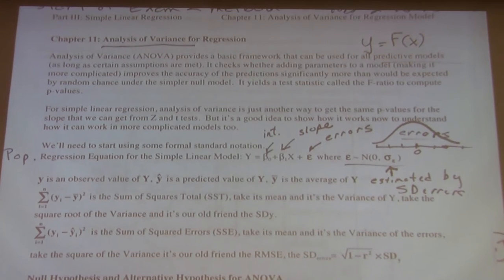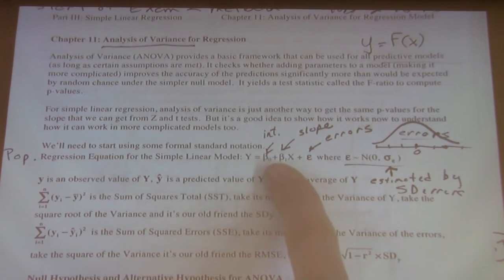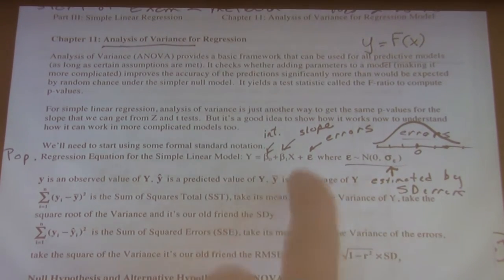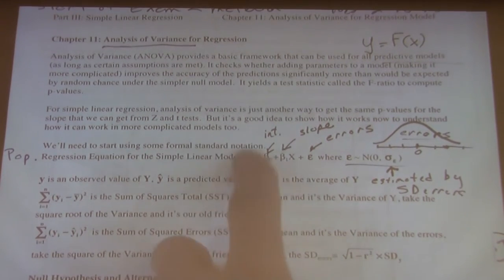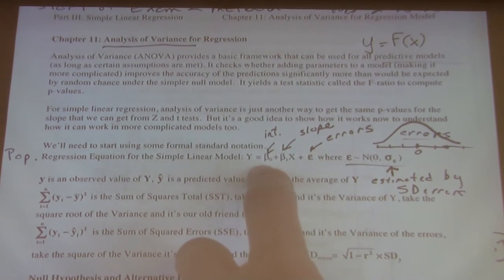You get a different sample, you have errors in it, and you use Roman letters like b and s here, and e for errors instead of epsilon, for estimating our beautiful population parameters, or our model out there that we don't know. So that's sort of the rule of thumb. Either that or you put little hats on top of these for our predictions.